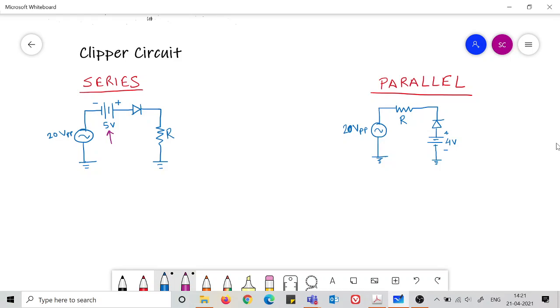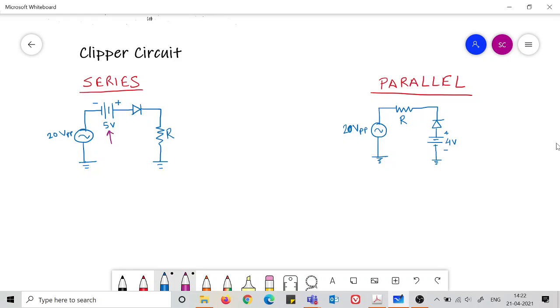Normally the ideal approximation is perfect. Sometimes we also replace it by the knee voltage. Very rarely we use the knee voltage with the additional resistance of the diode, but that can also be used. And in the reverse bias it is an open circuit, the diode is open. So these two situations we need to analyze.